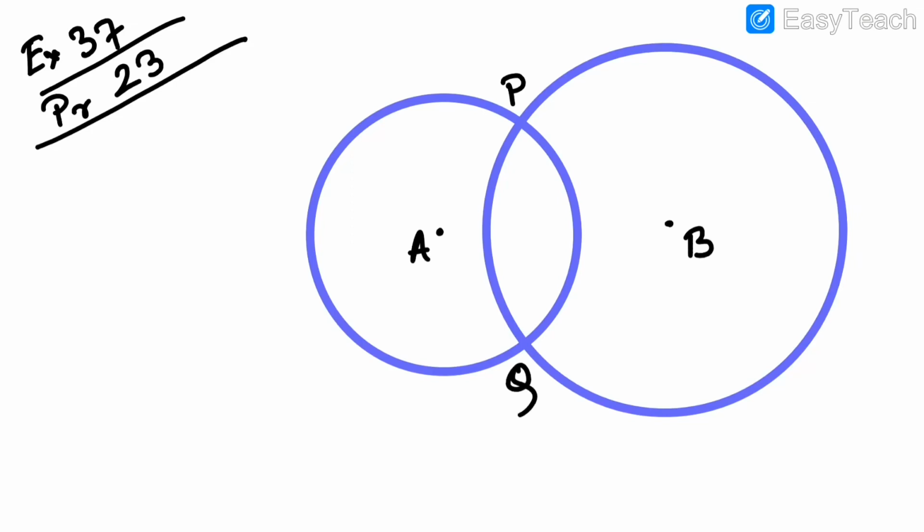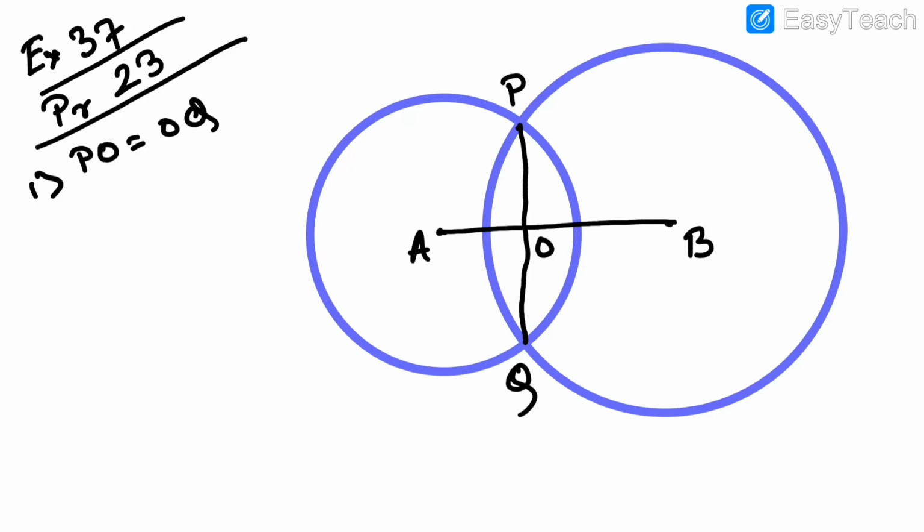AB and PQ cut in O. Prove that O is the midpoint of PQ. So the first thing we have to prove is that O is the midpoint, that is PO equals OQ. The second thing we have to prove is AB is perpendicular to PQ. So these are the two things we have to prove.